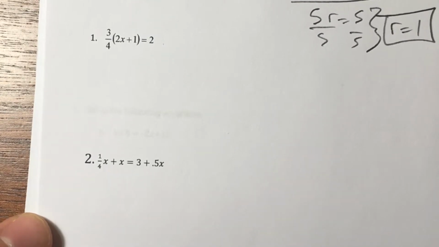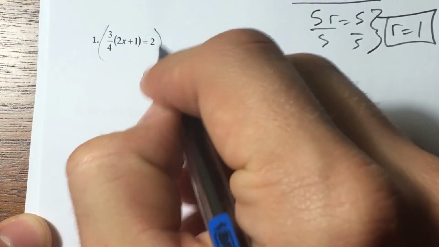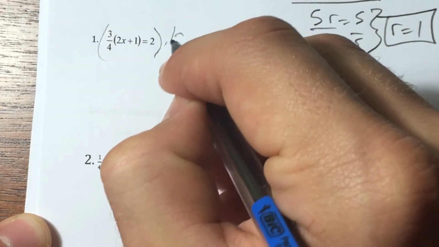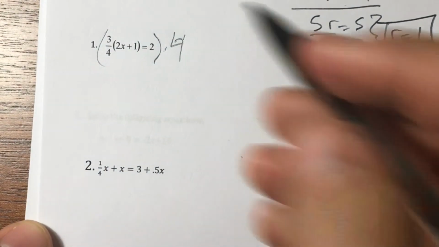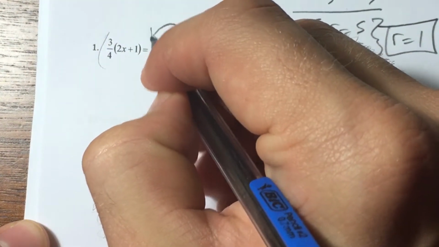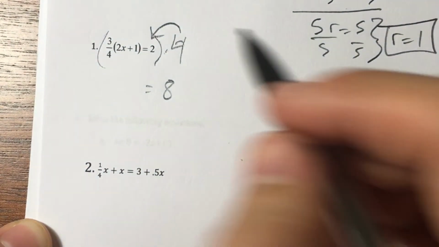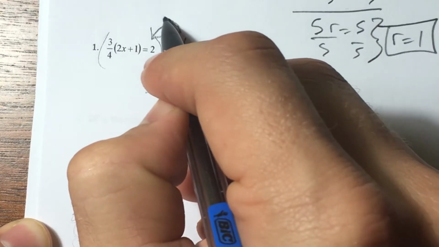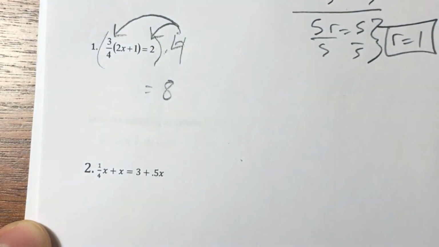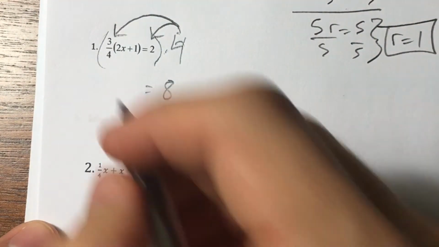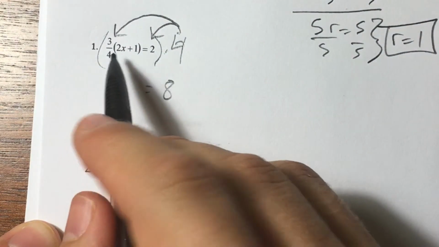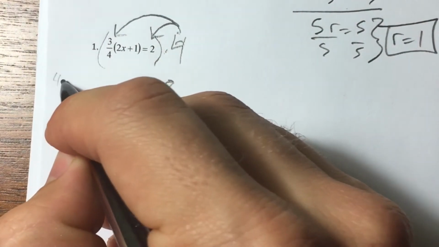In this case, we only have one fraction, so I can just multiply everything in this equation by 4. So on the right side of the equation, 4 times 2 will give us positive 8. And then if we were to distribute on the left side of the equation, 4 times 3/4 would give us 12/4.